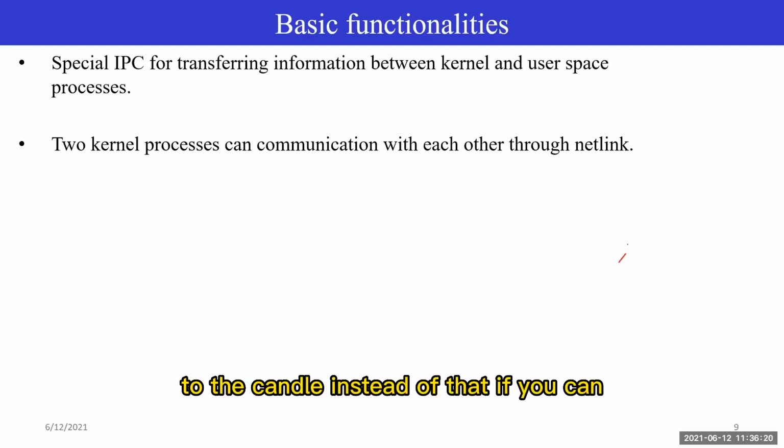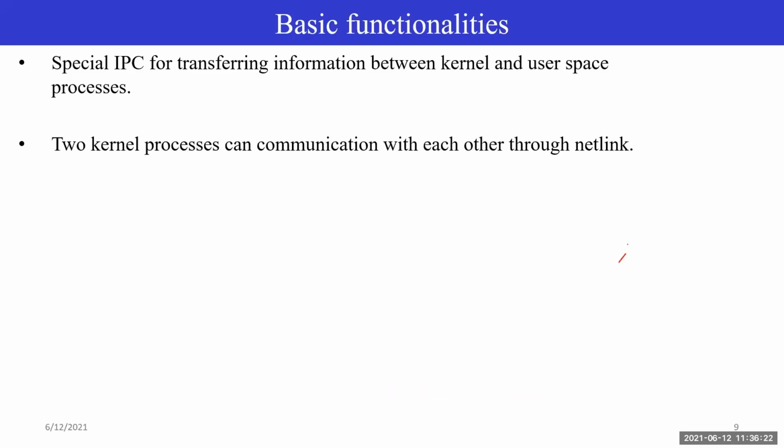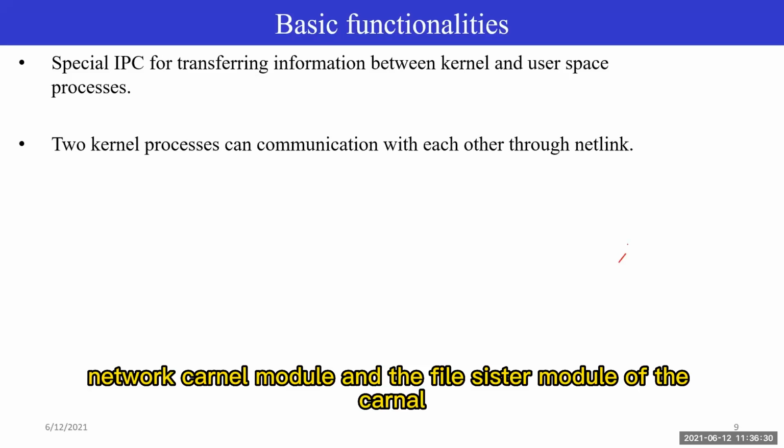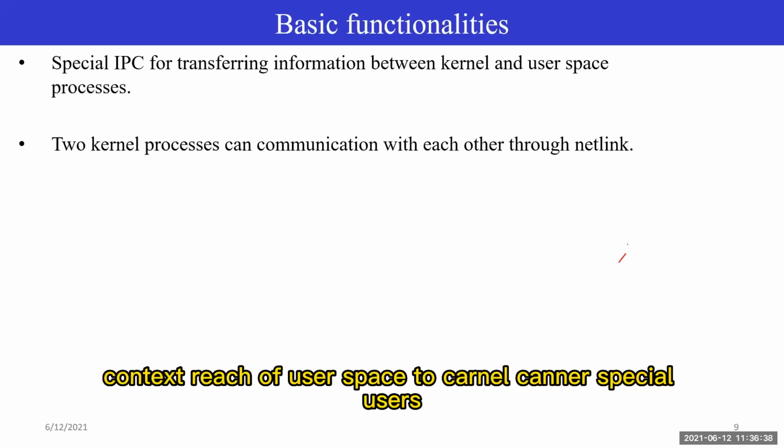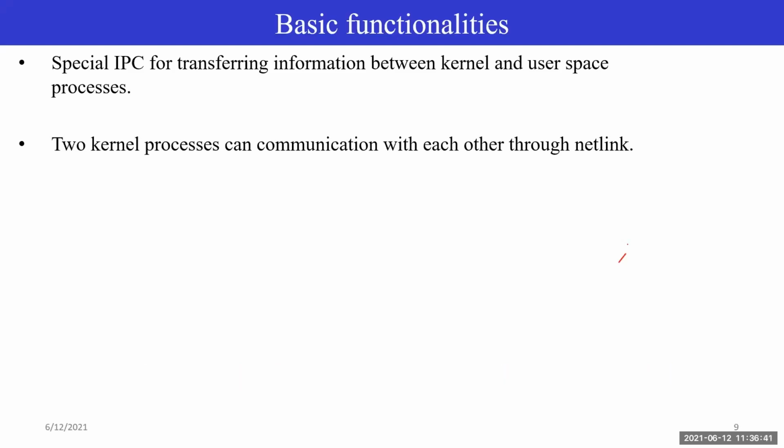Instead of that, if you can bypass the traffic between the network kernel module and the file system module of the kernel, then you can easily avoid the context switch from user space to kernel space to user space.